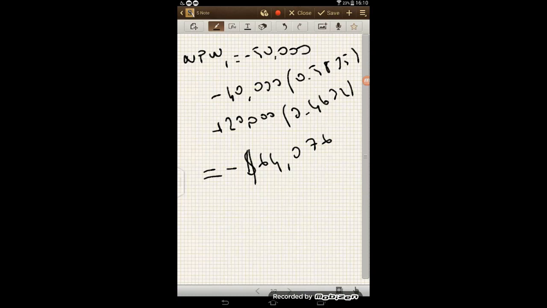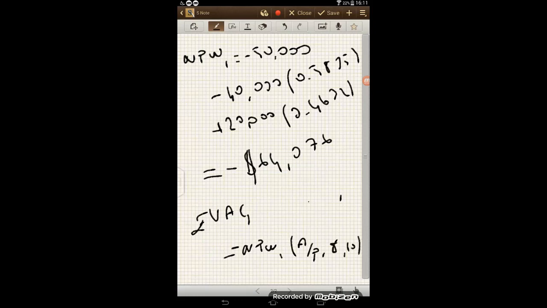But we need to convert it to the equivalent uniform annual cost of the first, which is the net present worth of the first multiplied by A over P, 8% for how many years? 10 years.